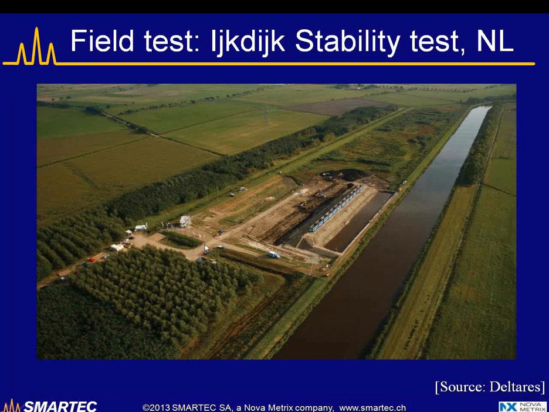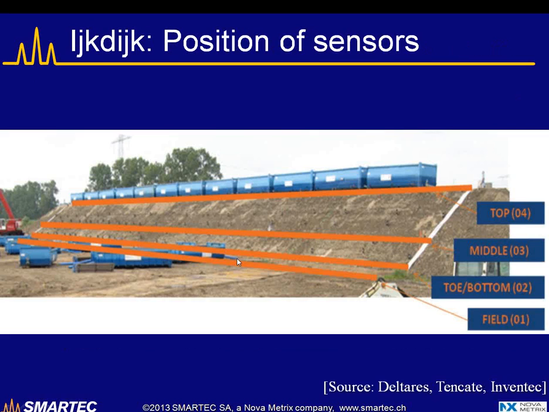A second example is the IJkdijk test bed in the Netherlands. In this case, we are talking about an earthen levee that was instrumented with different types of sensors, and in particular our partners Ten Cate and Inventec have installed a distributed strain sensor in the levee itself to see if during failure they could identify the failure location.